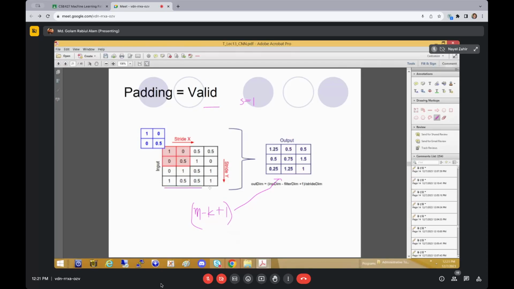For this image, m is 4 by 4, so m is 4. Then what's the kernel size here? The kernel is 2 by 2, so k is 2. So 4 minus 2 plus 1: 4 minus 2 is 2, 2 plus 1 is 3. You can see we have the output 3 by 3. So for the padding equal valid, we will have this output.